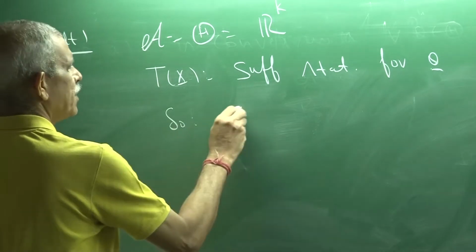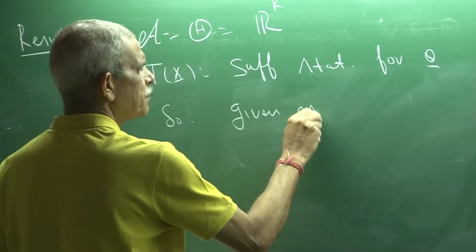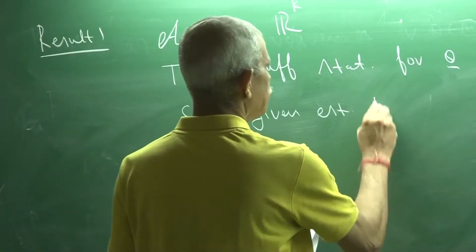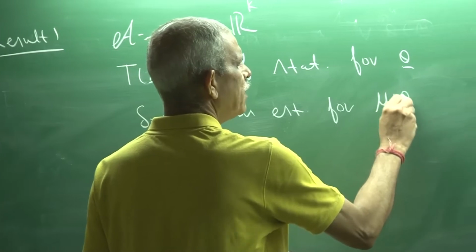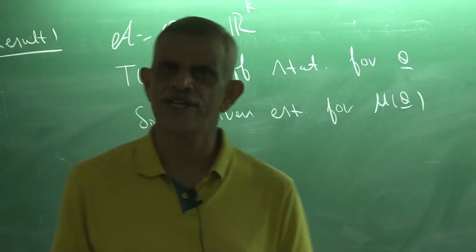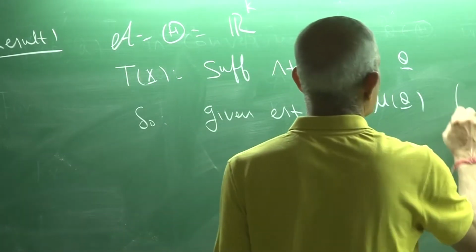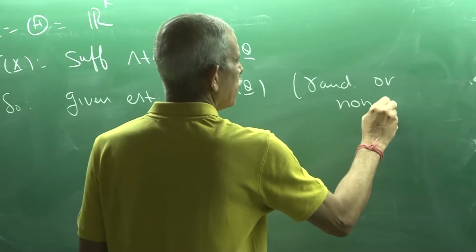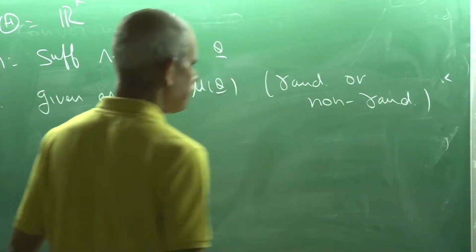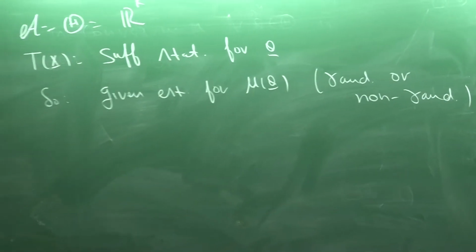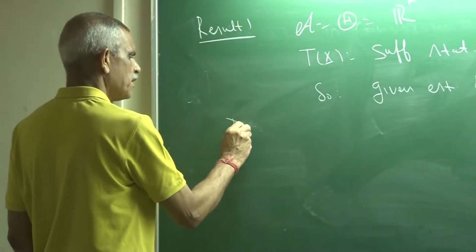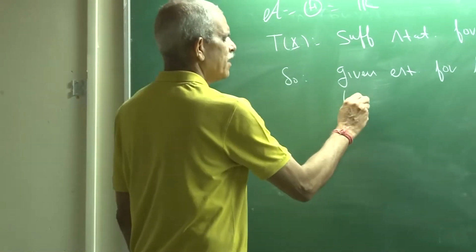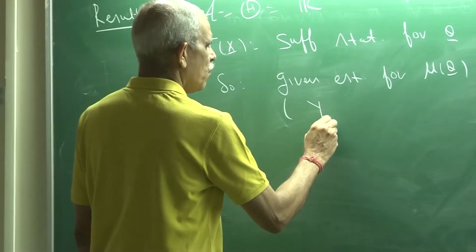Delta naught is a given estimator for mu of theta. It could be a randomized estimator or non-randomized, any of that. Using this delta naught, suppose the corresponding random variable is Y naught of X.